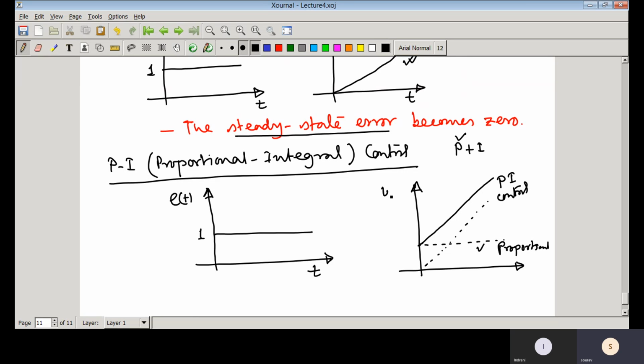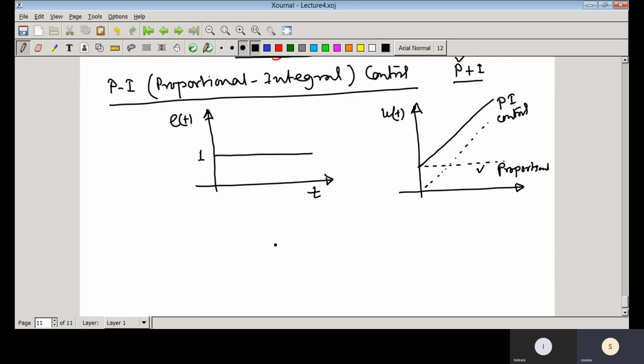So this is u(t). So that means in closed loop control, if you use a PI controller, that means P plus I, I will be showing you that block diagram. So how it looks like, that means error signal is coming here, error signal e(t), and then it has two blocks.